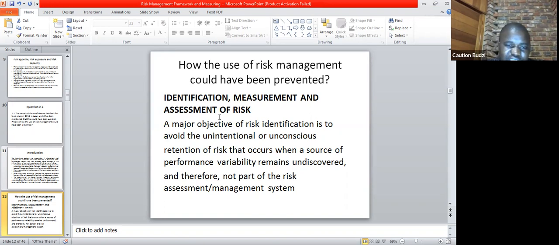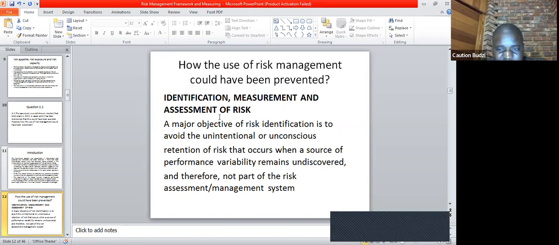So there was need to do a proper risk identification, risk measurement, and risk assessment for these risks. It seems that this company was ignorant in terms of identifying different types of risks which could have affected the company. In the measurement part, it seems that the magnitude of the tsunamis in the region was way more than what they expected.